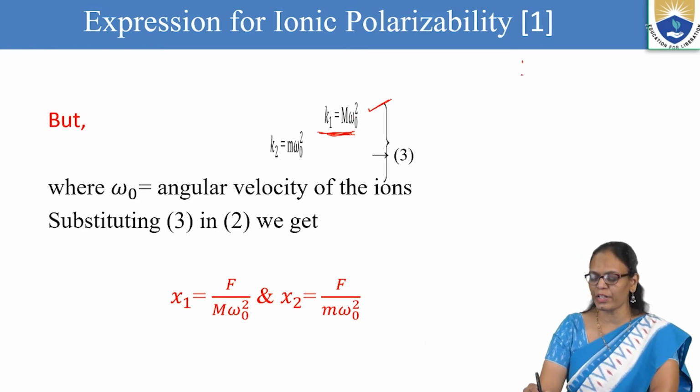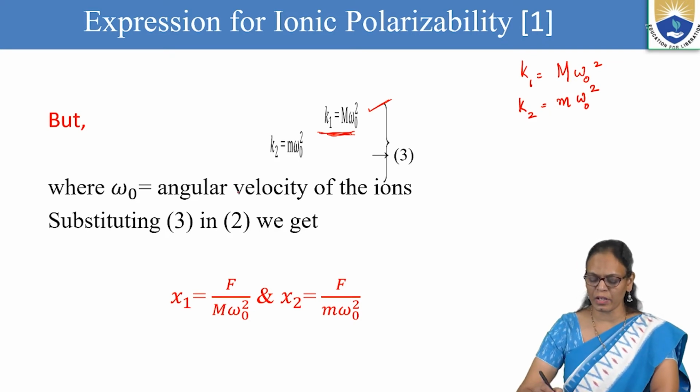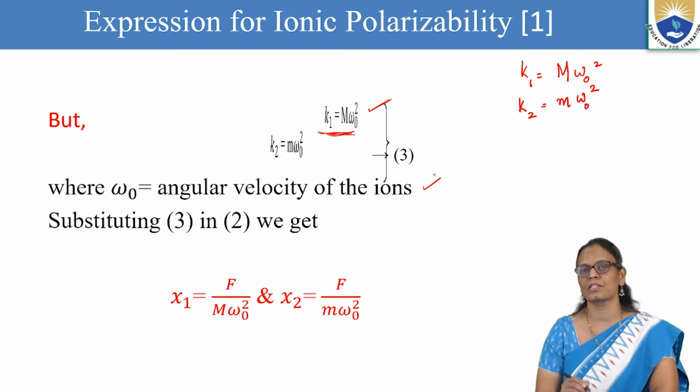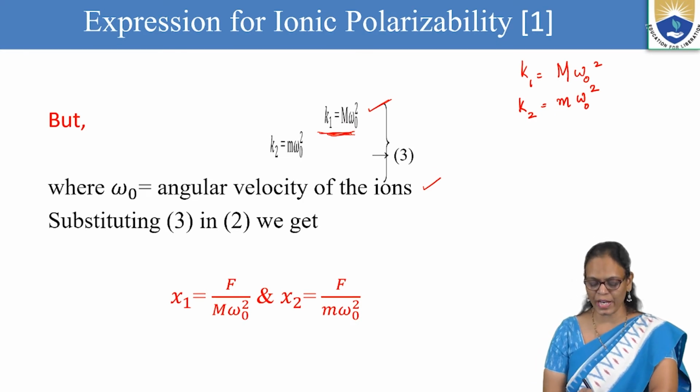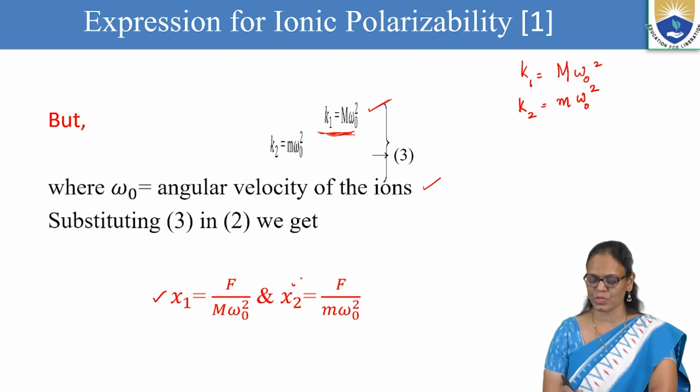So, K1 here is capital M omega naught square and K2 is small m, the mass of the positive ion, times omega naught square, where omega naught is the angular frequency of the ions. So, how do we write x1 now? x1 is F upon K1, so F upon capital M omega naught square, and x2 is equal to F upon small m omega naught square. So, x1 and x2 we have got.